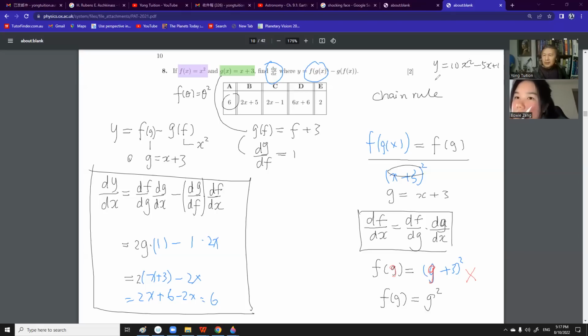Another function can also be written with a different letter, like 10k squared minus 5k. But the formula for the quadratic equation applies to both functions. So you have to get familiar with how to use a different letter to represent the independent variable.